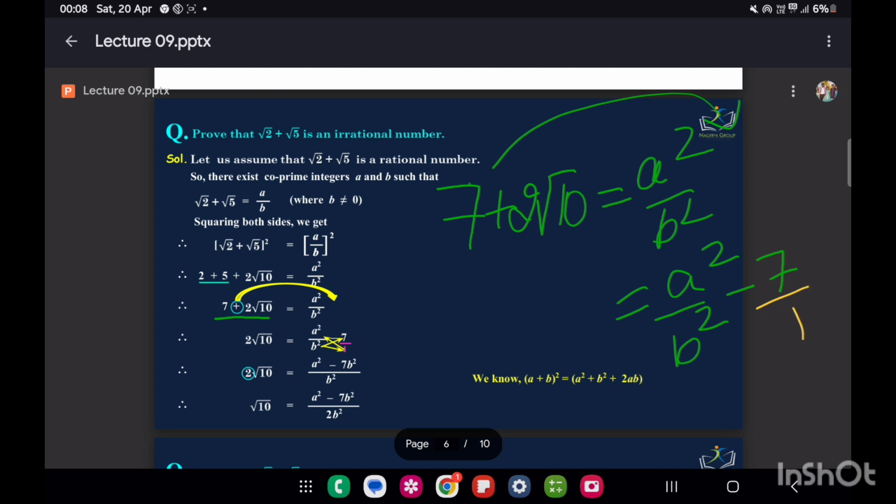Then here 1 multiplied by b square, and here also multiplied by b square, taking LCM on both sides. So you will get b square as the denominator. In the numerator you will get a square minus 7b square.